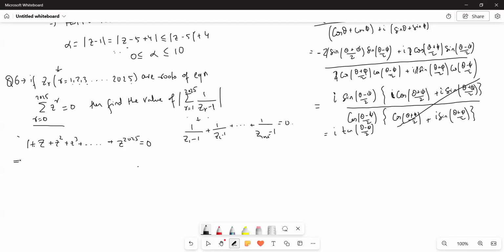Achha pehle toh isko simplify karo. This is a GP. Can we say that this is a GP? Toh sum of a GP ka formula laga do. First term 1 hai, toh 1 minus z to the power number of terms 2026 divided by 1 minus z is equal to 0. This would imply z to the power 2026 is equal to 1. So what we are dealing with is 2025 complex roots of unity.